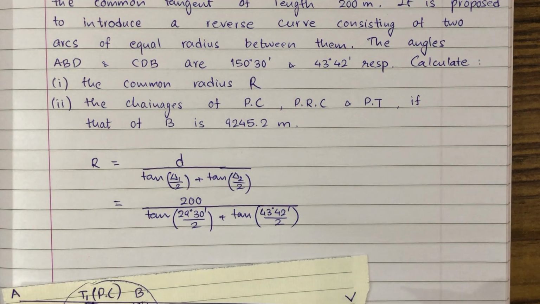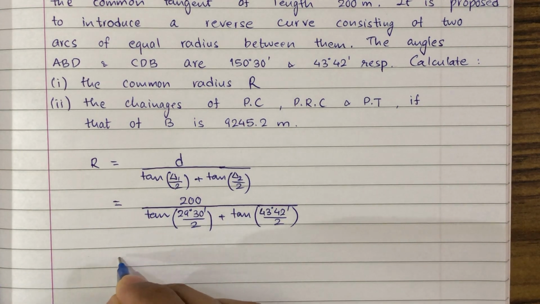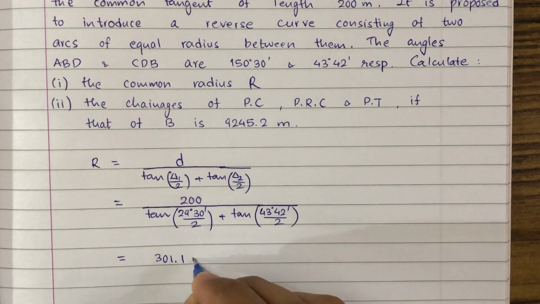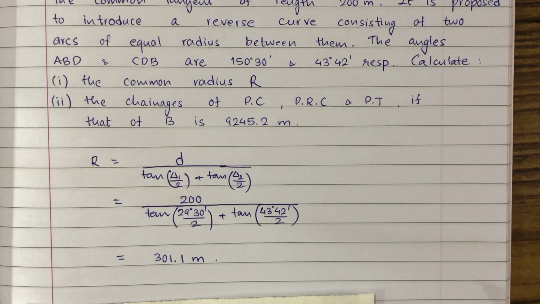After solving this, we get the common radius R as approximately 301.1 meter.